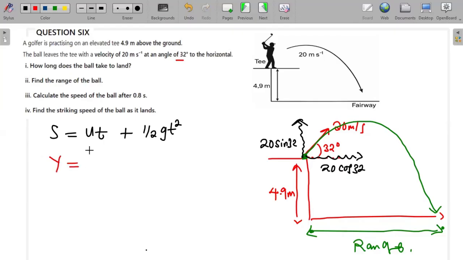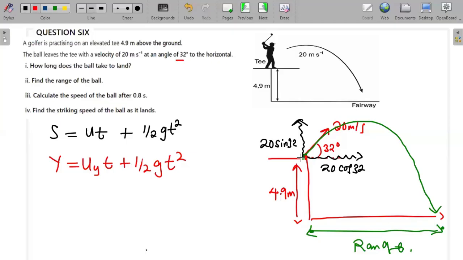So that will be y equals the initial velocity in the y direction times t, plus 1 over 2 g t squared. So this is what we are going to be using here. Now this ball starts on top here, goes above, and then comes down.